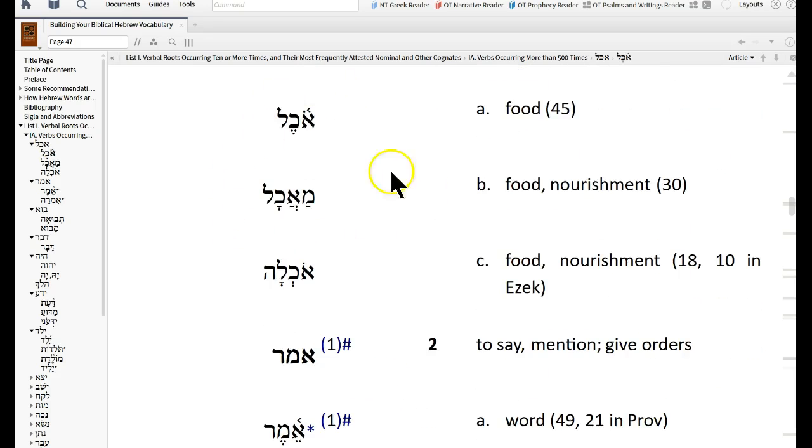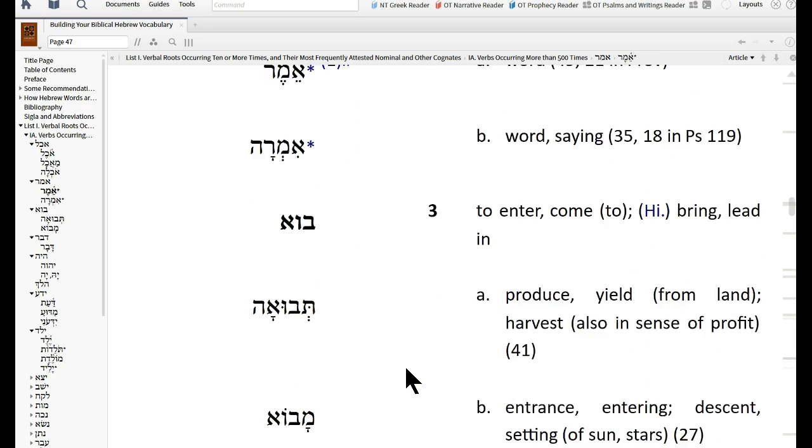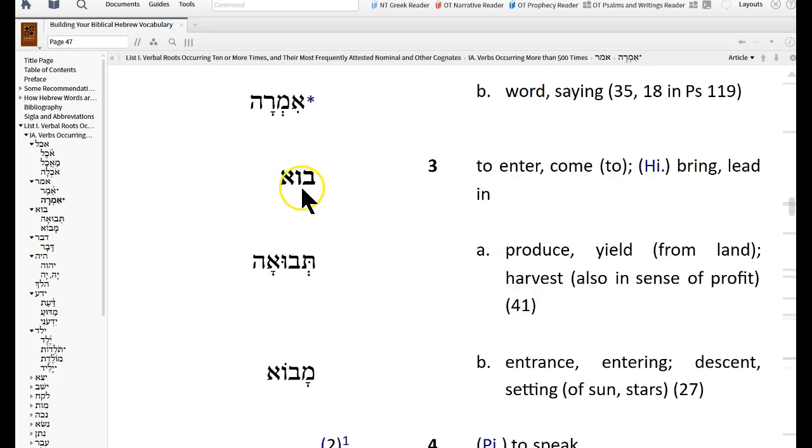And these words only appear a few times, so if you have the root, you may have a hint what these mean. So if you have amar, to say, amer is a noun word. Imra is a word. You have the noun bow. Tabu'ah is produce.